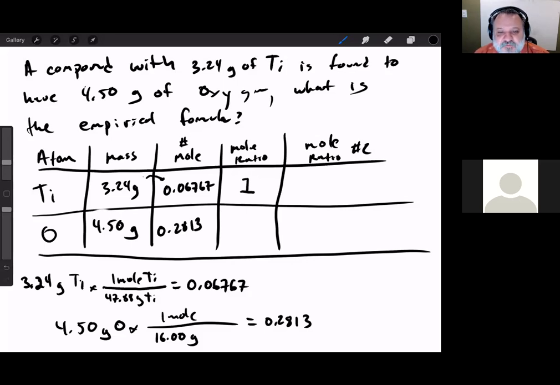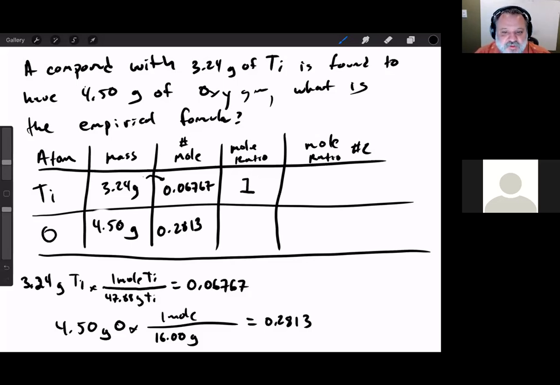So even though the mass is given in 3 significant figures, I'm going to go ahead and write down 4 or 5 significant figures for the number of moles, so that when I do the division, I'm going to have the least amount of rounding errors, so that when I look at the mole ratio, I'll be able to see more clearly what fraction it is if I get into the situation where there's decimals.